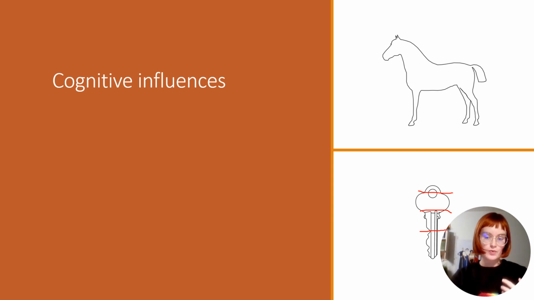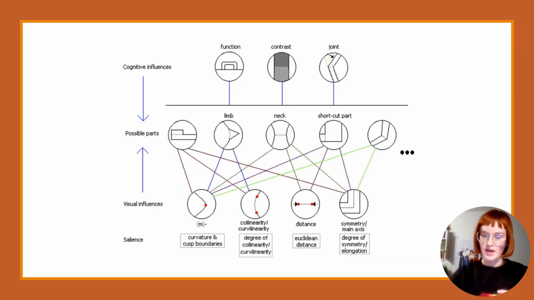And this is how we would most likely divide the key into component parts. So our knowledge, our cognitive factors influence how we segment objects. Now, having found some proofs for all of these factors listed, Winter and Wagemans have created a coherent framework that tried to explain how complex this segmentation is and what influences this process.